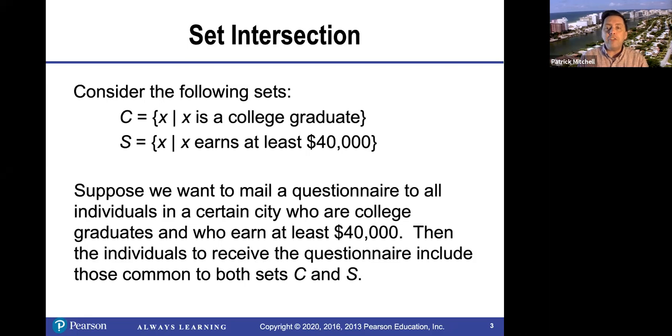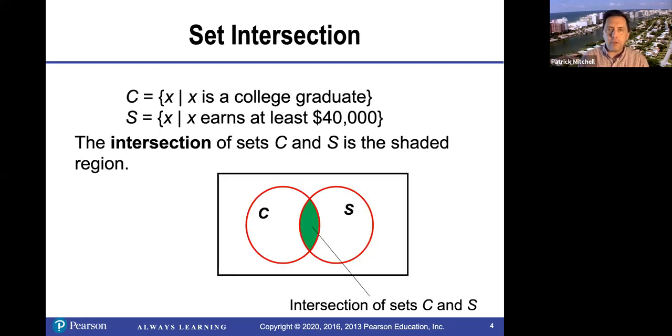Then the individuals to receive the questionnaire include those common to both set C and set S. In other words, the people who belong to both sets. And that's called the intersection of those sets. So the intersection of sets C and S is the shaded region here. By the way, this is called a Venn diagram.